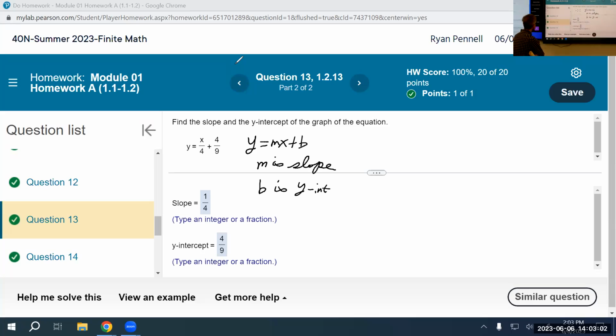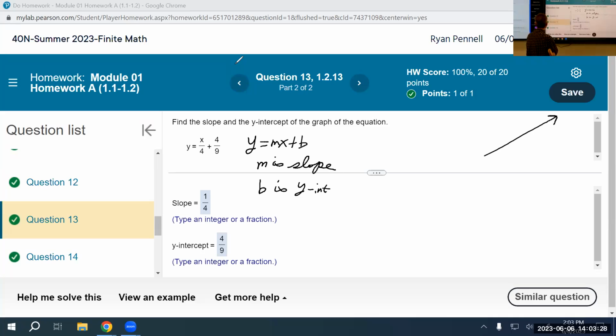Now, M stands for slope. Why on earth would we use the letter M to stand for slope? Because the French guy is the one that developed all of this, and it's the French word for to climb. So it's kind of like mountainous. The person that developed this thought of it as the climb of the line.